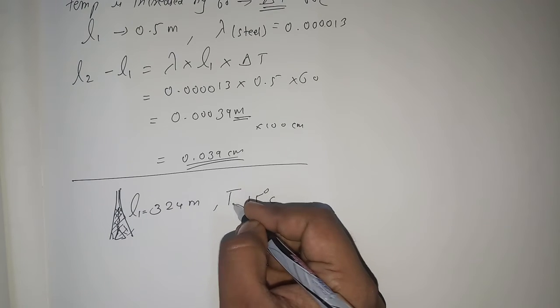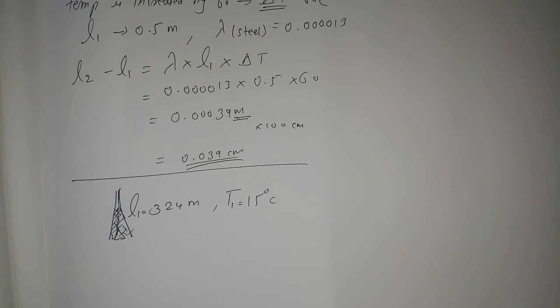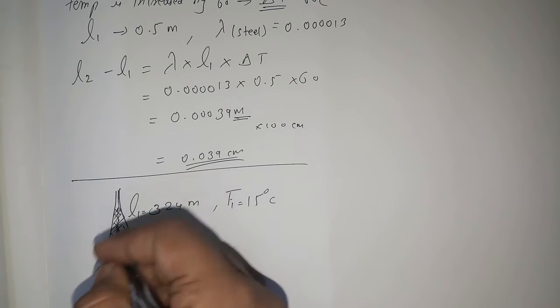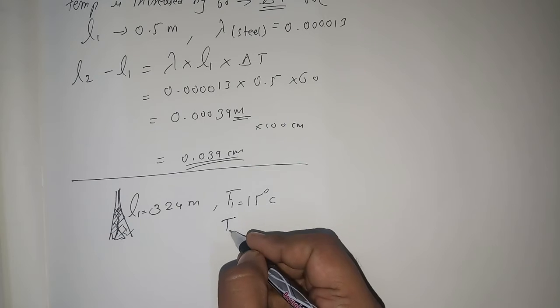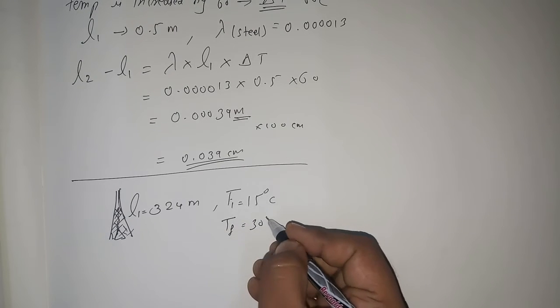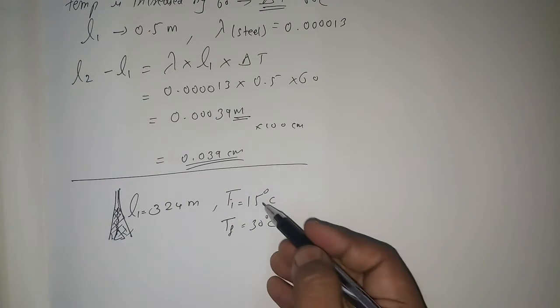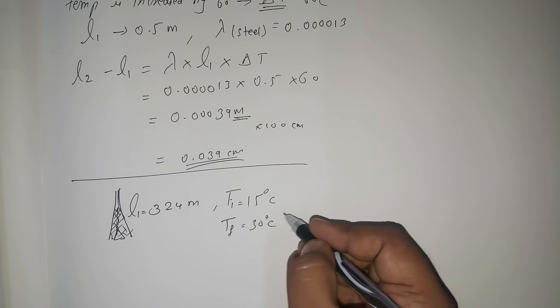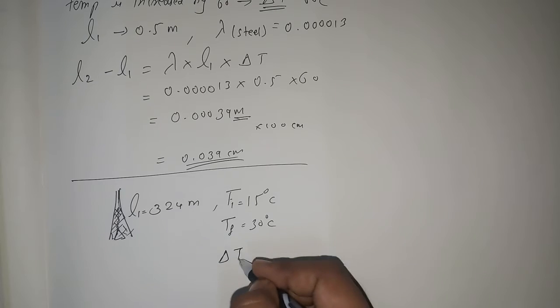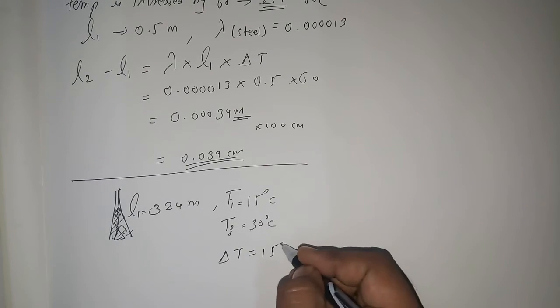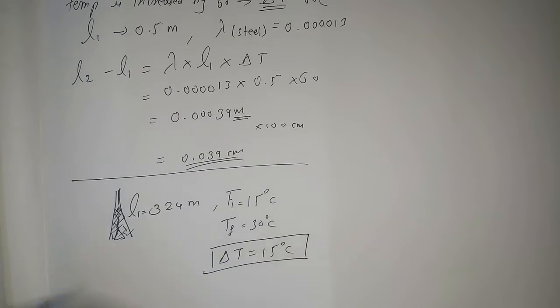If it is made up of iron, what will be the increase in length in centimeter at 30 degrees Celsius? So T final equals 30 degree Celsius. If T initial is 15, T final is 30, delta T equals 30 minus 15, 15 degree Celsius.